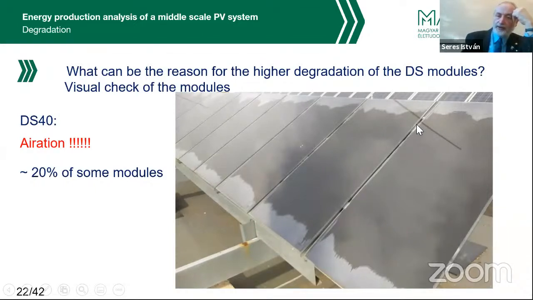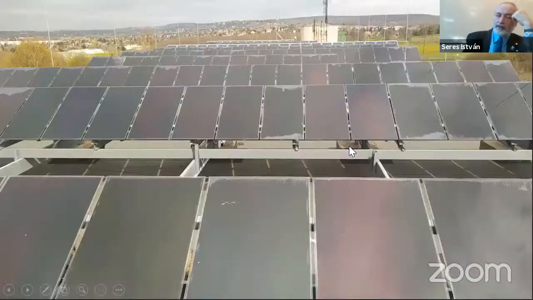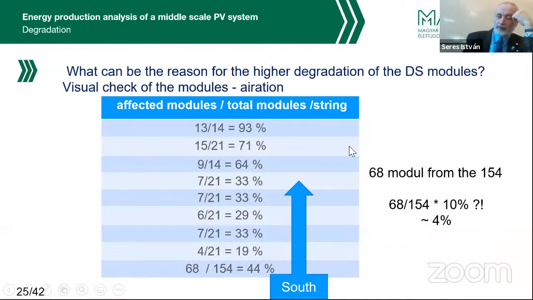You can see the holder rod behind, and this is a glass. If the wind is coming, it can move a little bit slightly. Of course, you cannot see it by eye, but I think that it can move, and that is the reason why the side modules and the backside modules from where the wind is coming are mainly affected by this problem.